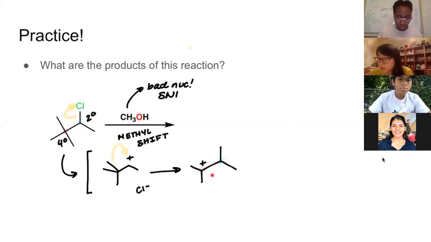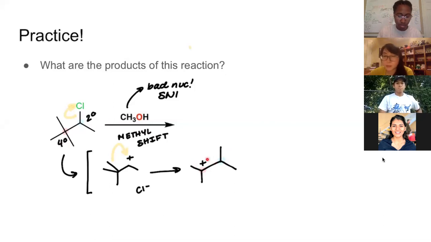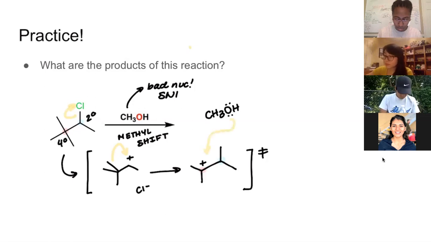This guy is also tertiary in the red, but he's now the carbocation. I'm just going to show this as an intermediate. And so now we're actually going to think about our solvent. Finally, he is going to come in and attack.